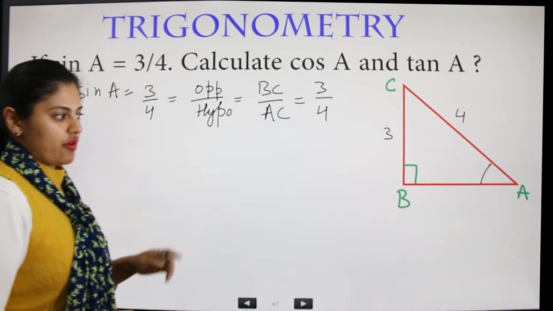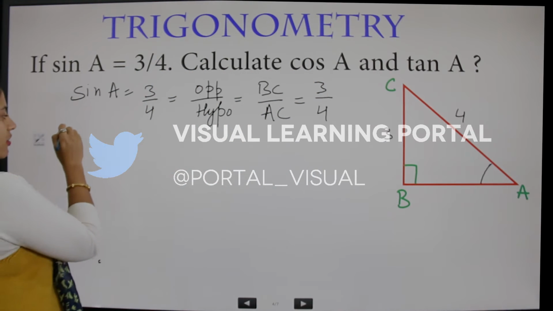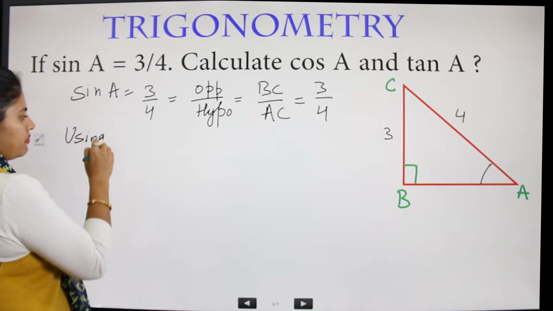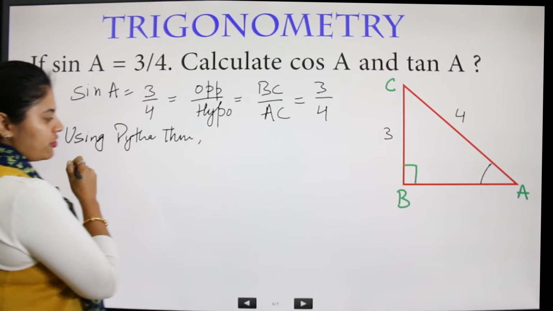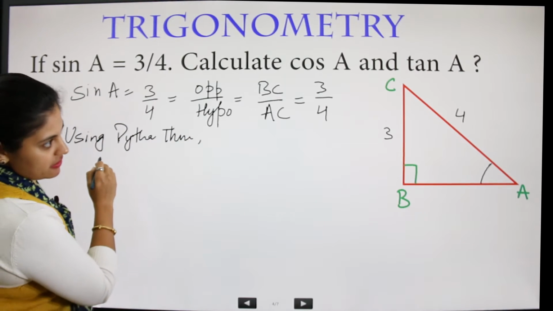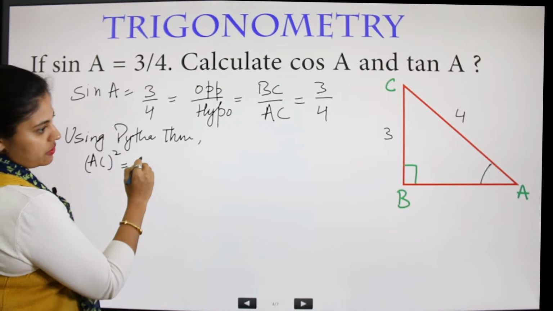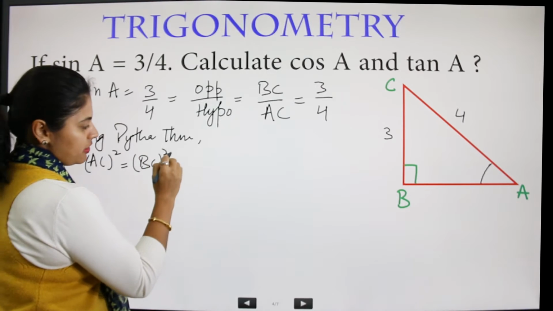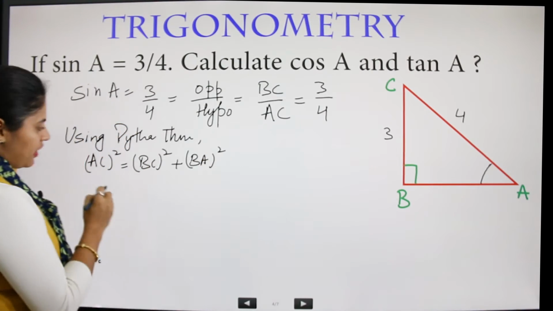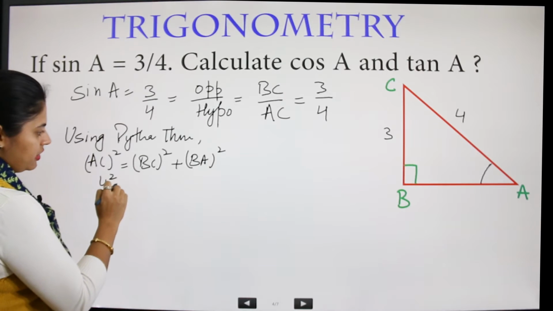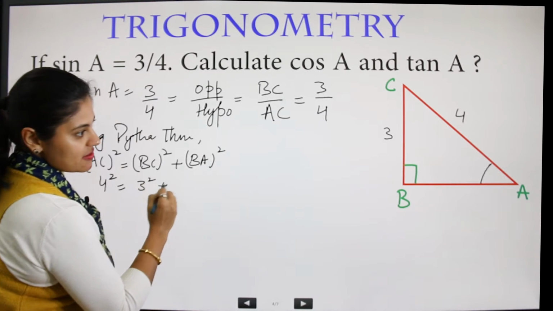Okay. Now it's time to find BA if we want to calculate cos A and tan A. So how can we find it? Using the Pythagoras theorem. By using this theorem, we have the formula: the longest side, AC whole square, is equal to BC whole square plus BA whole square. So put the values. AC is 4 square, BC is 3 square, plus BA.